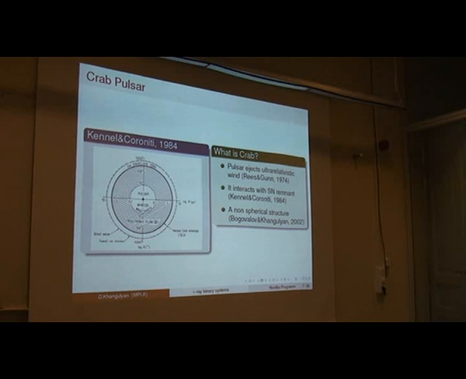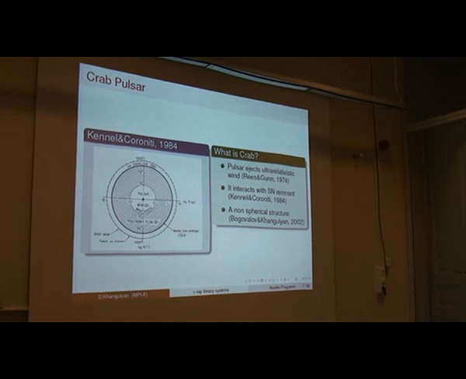And actually this scenario is very attractive because, first of all, there is this nice model by Khangulyan which explains the emission from the Crab pulsar, and this model works in a way that the pulsar itself ejects a characteristic wind, which interacts with the surrounding medium and forms a termination shock.